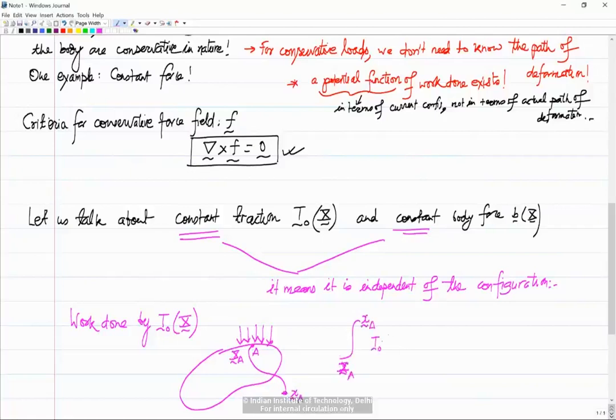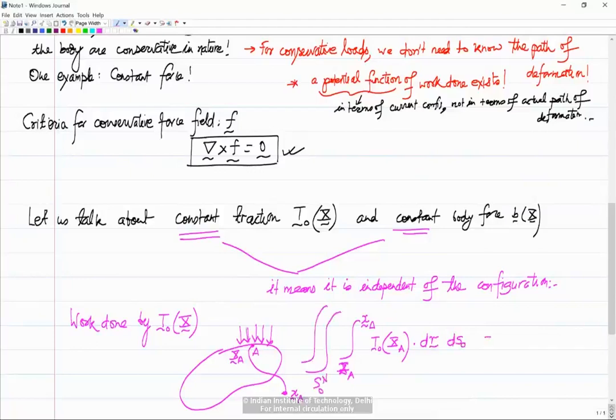T naught of big X a dot with dr, isn't it? And then this T naught may be acting over a small area, ds naught. And to get the work done by all the traction field, you have to have another integration over the Neumann surface.